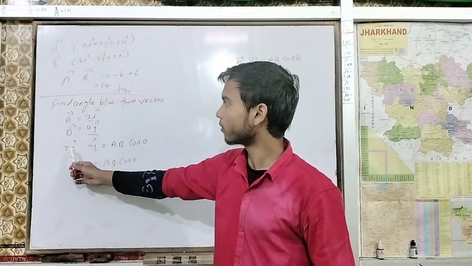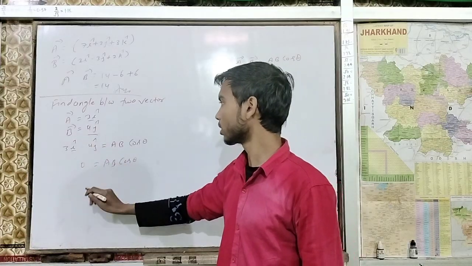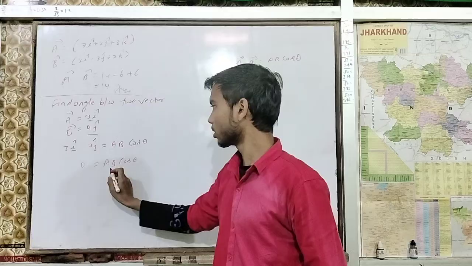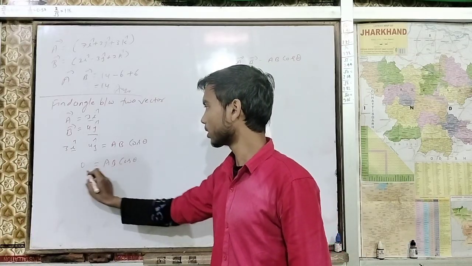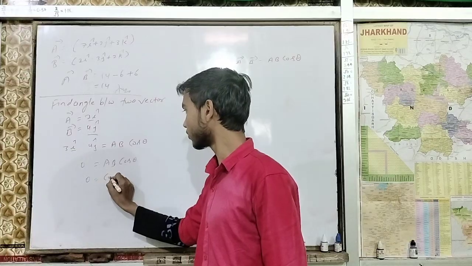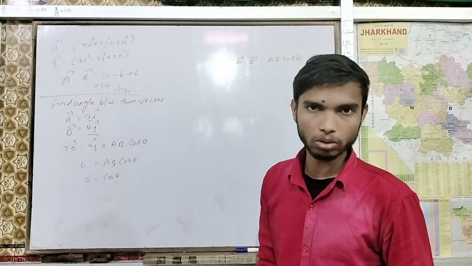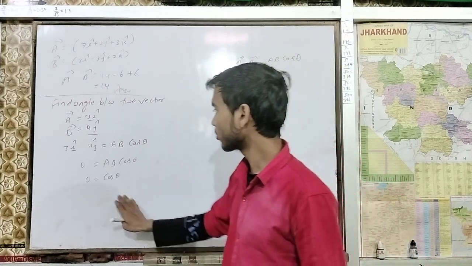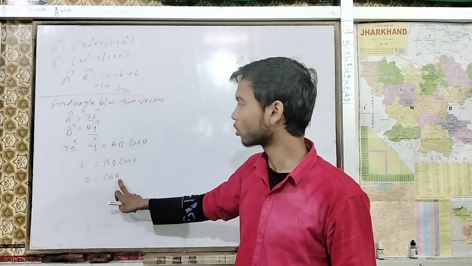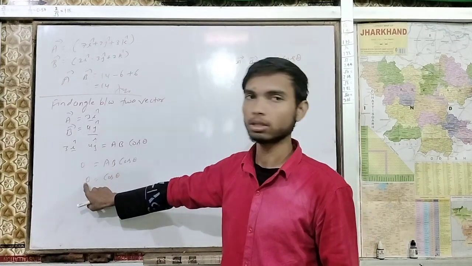We just put the value of vector A over here and the value of vector B over here, and after multiplying this we got 0. If we bring this AB to this side, this again will become 0, and finally we are left with cos theta. So now tell me, how much angle should we put over here so that this value gives us 0?